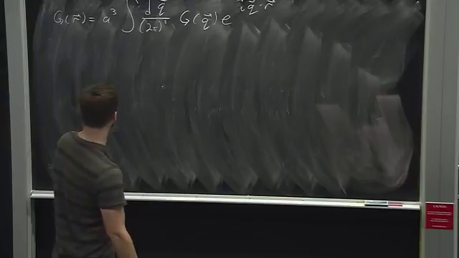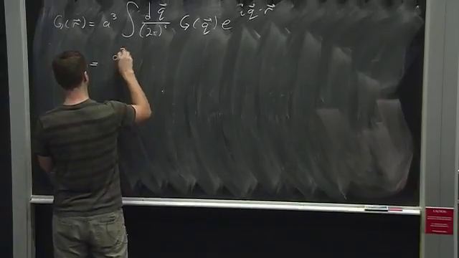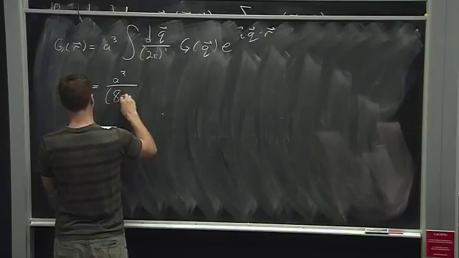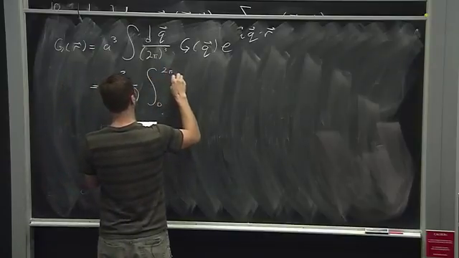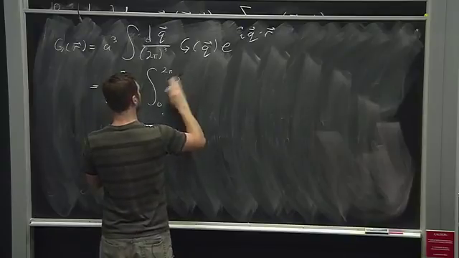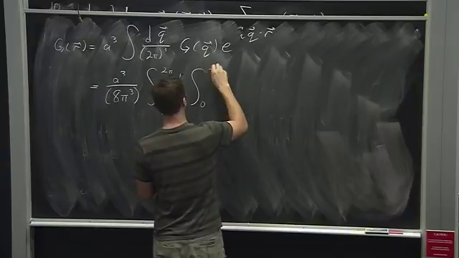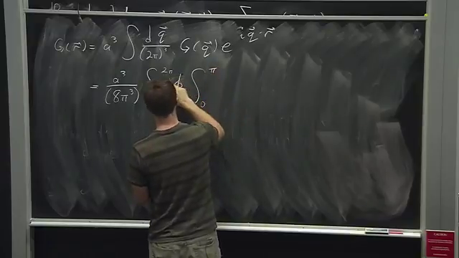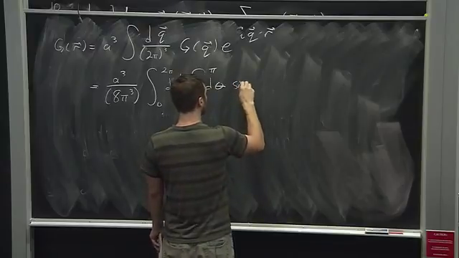I can do this because I can do spherical polar coordinates in 3D. Phi, this isn't your field, I'll call it this type of phi. 0 to pi, this is theta. Jacobian sine theta.